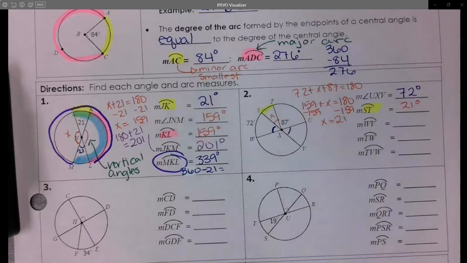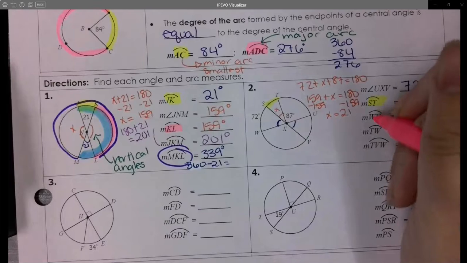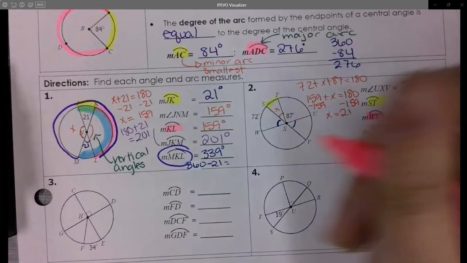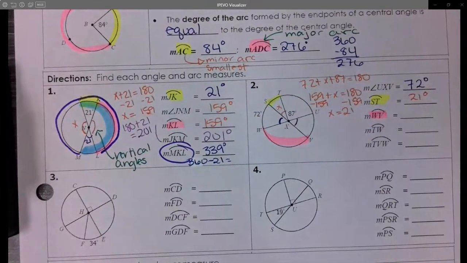So the next arc it wants me to find is WV, which is going to be this one right here. Ideas on that one?